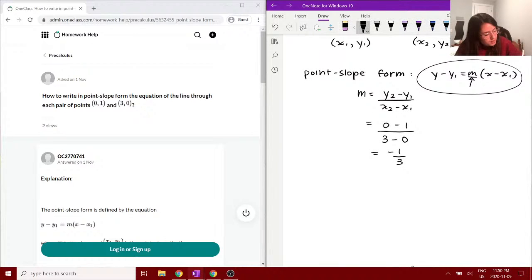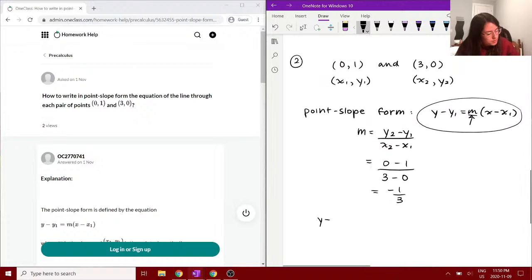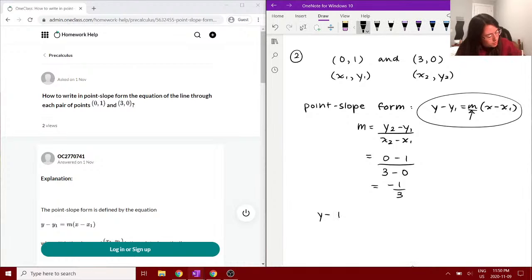And now we can sub it into the point-slope form. So we have y minus y1. Oops. y1 is 1. And just remember, we're taking from this first set of points for the y1 and x1. Equal to m, which we just found to be minus 1 over 3, times x minus x1, which we see is 0.